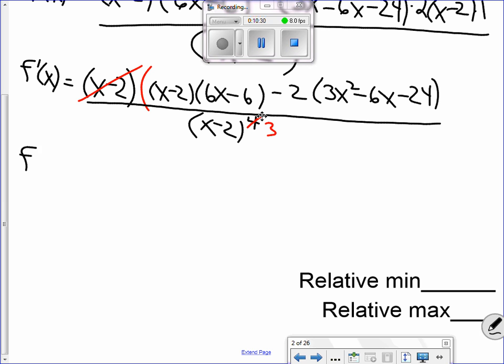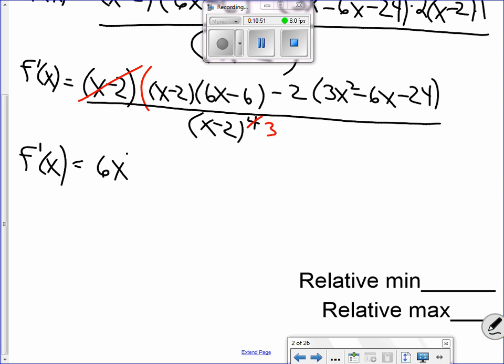Now, still, this is not the best derivative. Now we still have to distribute and combine like terms. We tried the GCF and whatever we can out of there. All right, so if we distribute over here, I'm going to distribute the x and then the minus 2. You can distribute in whatever order you'd like.